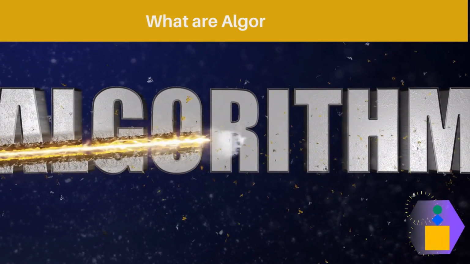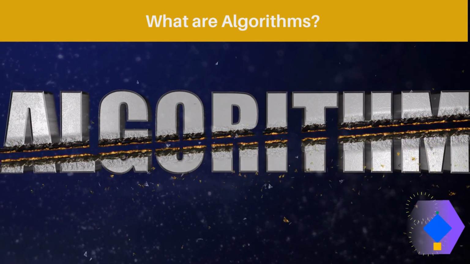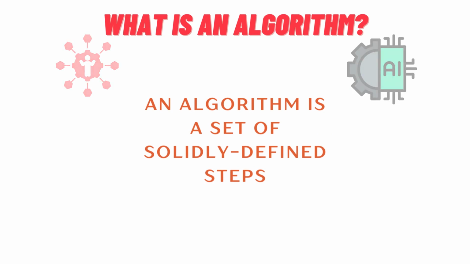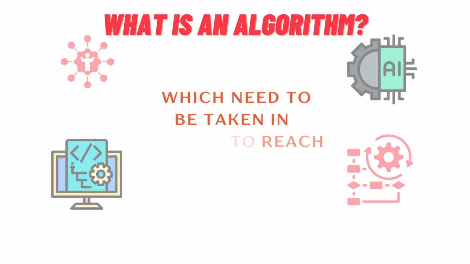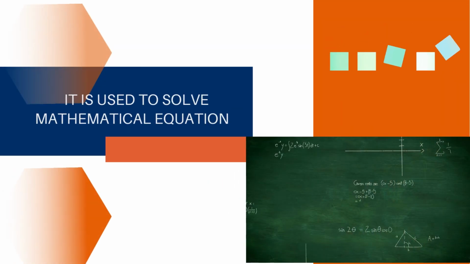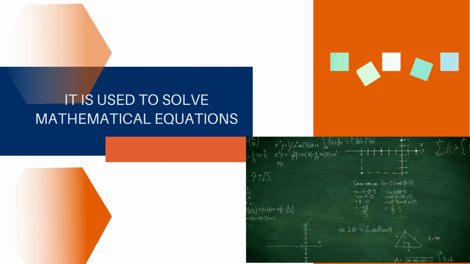To begin, let's understand what algorithms are. In basic terms, an algorithm is a set of solidly defined steps which need to be taken in order to reach a planned result. In particular, it is used to solve mathematical equations.